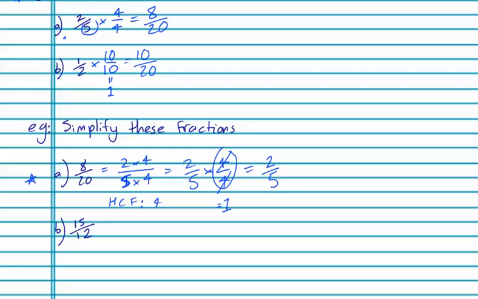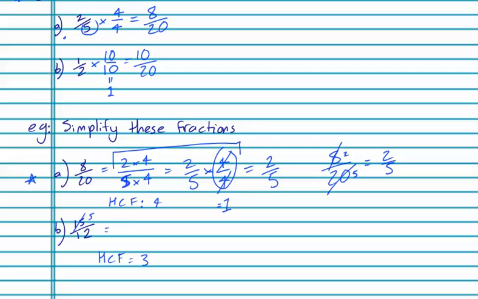I don't need to show all that working, but that's why this works. We're going over time, I'm sorry. All the working I need to show is 8 over 20 divided by 4 leaves me 2, divided by 4 leaves me 5, 2/5.